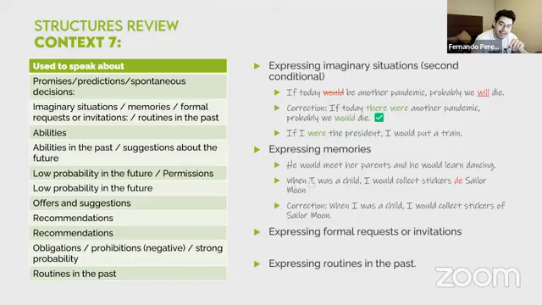Here you have "when I was." And here you have "if I were." This is the section that makes the difference, like the context of would. This one versus this one. Here you have "if," and here you have "when."